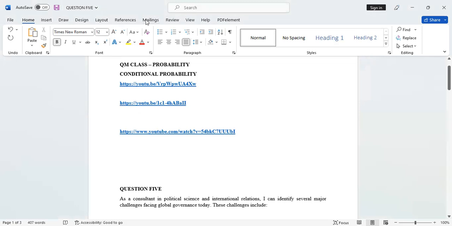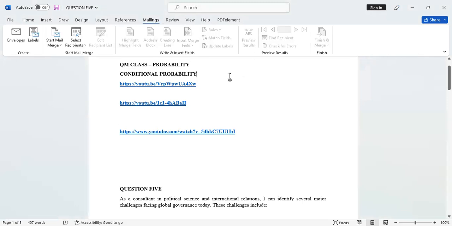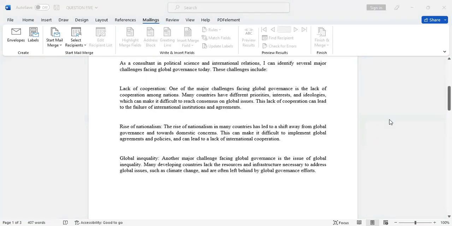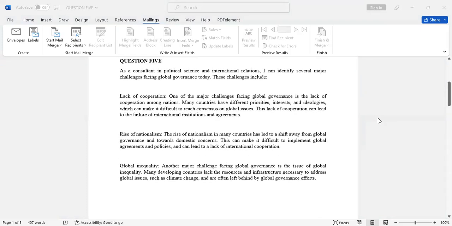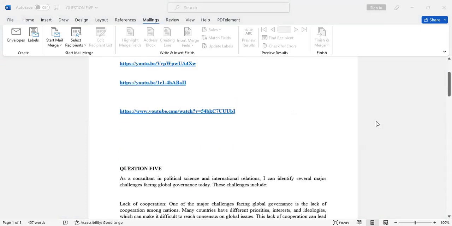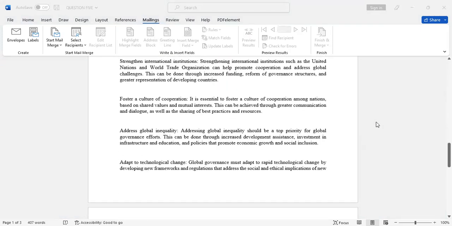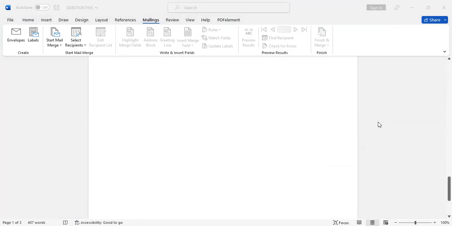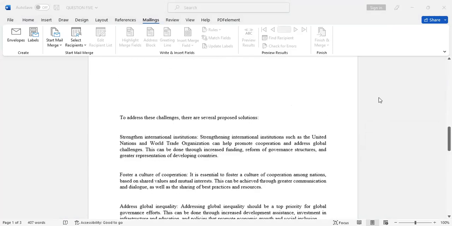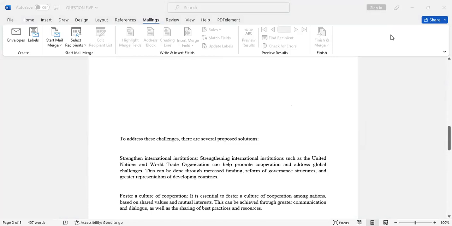Okay, so we're getting to this question 5. Under conditional probability, we'll just look at the composition of this exercise that we need to do.